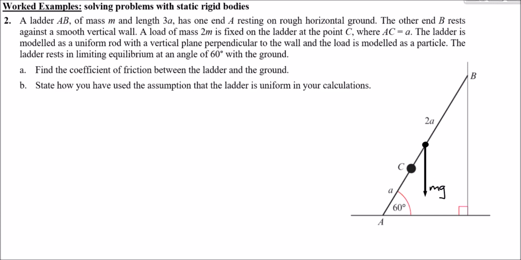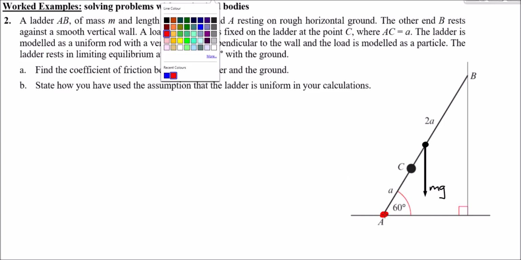More than that, we were told as well that it's on rough horizontal ground. So if the ground was slippery, had no friction, the ladder would slide to the left, it'd go down. So the friction would act to stop that, so friction is going to be opposite direction.